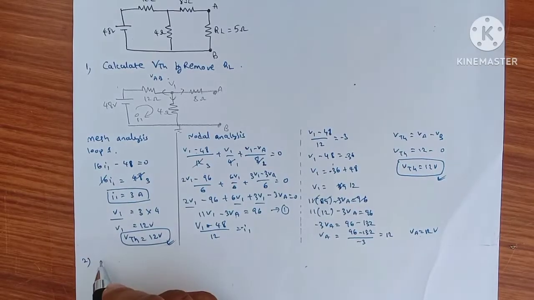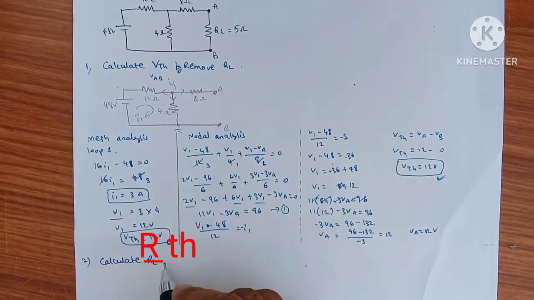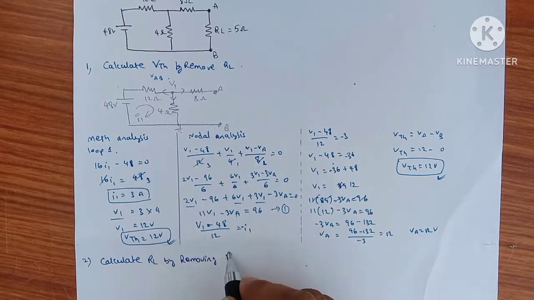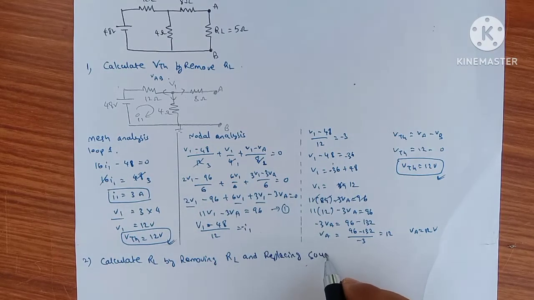Now we want to calculate RTH by removing the load resistance and replacing sources with their internal resistances.